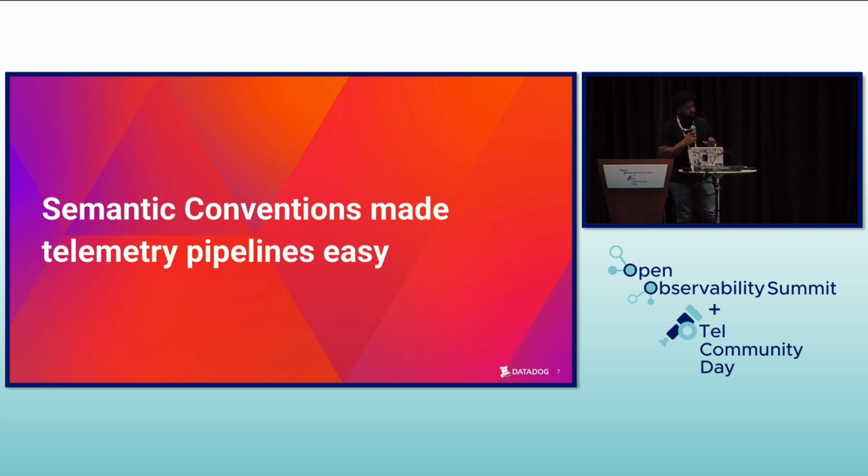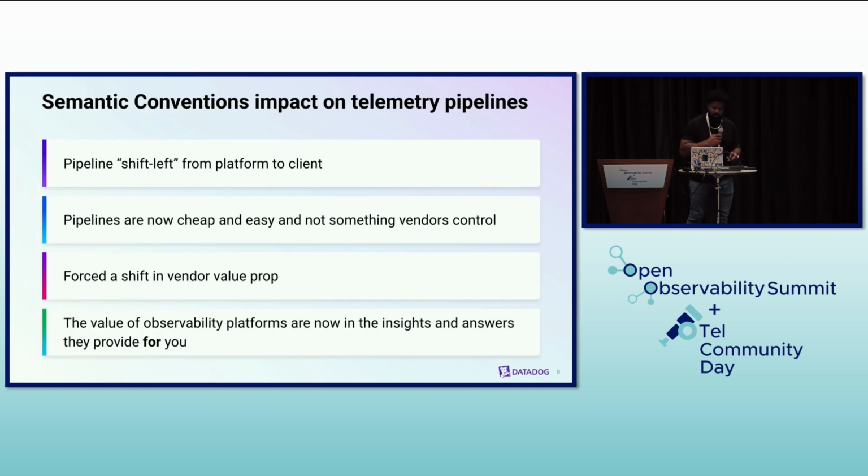And it turns out that that's a very big deal. Building and maintaining pipelines for processing telemetry has historically been pretty expensive and energy intensive. You can talk to anybody that's had to try and retroactively connect three pillars data sets after the fact. But semantic conventions turn this on its head.